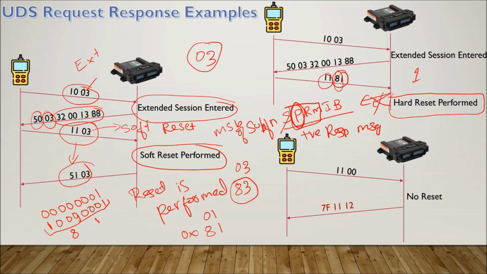Coming to the next example, of negative response, I told that the subfunction 0 is reserved, but if you request ECU reset with a wrong subfunction, then it will give a negative response. 7F is the negative response message SID. 11 means that this negative response is coming for the ECU reset, and 12 means what?